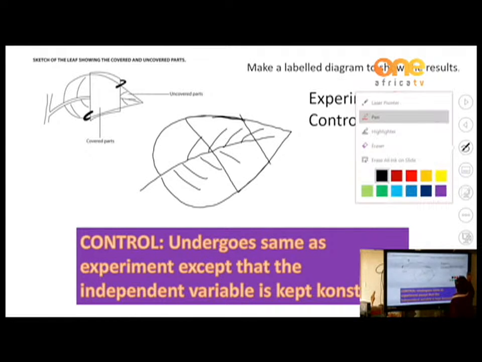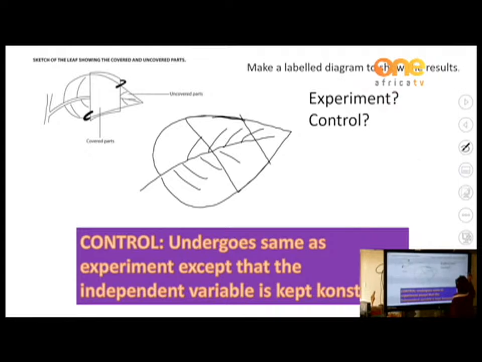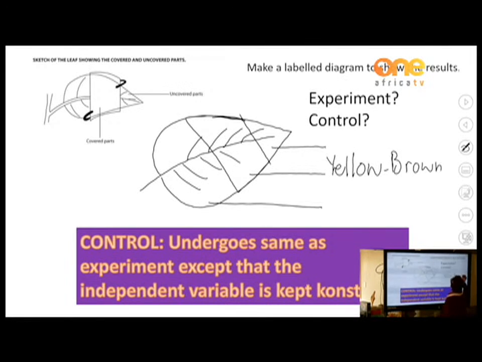Okay? And of course we do this with a ruler. Now this part was covered, so this part will be yellow-brown. And this part was blue-black.